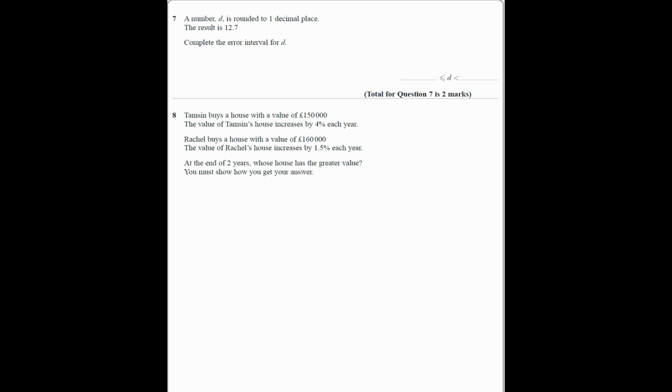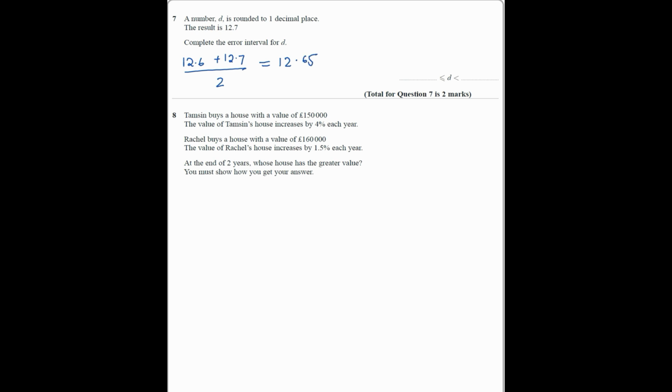Step 2 is to determine the lower and upper bounds. The number 12.7 is the result after rounding. Therefore the lowest value that would round to 12.7 is halfway between 12.6 and 12.7. So we can do 12.6 plus 12.7 divided by 2, which equals 12.65.